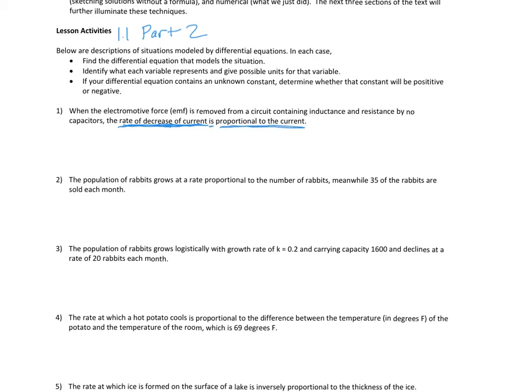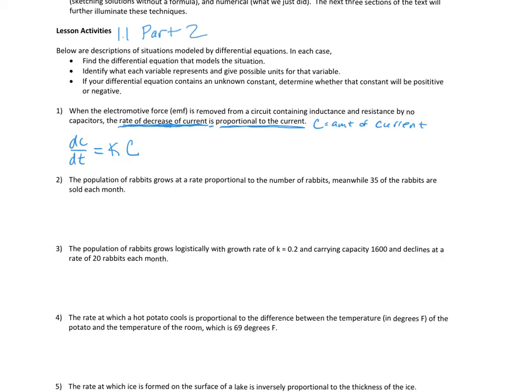Okay, so let's let C equal the amount of current. I have no idea what units are for the current of an electromotive force. I'm not going to give it units because I just don't know. So the rate at which that changes would be dC/dt is proportional to the current, some constant of proportionality times the current.